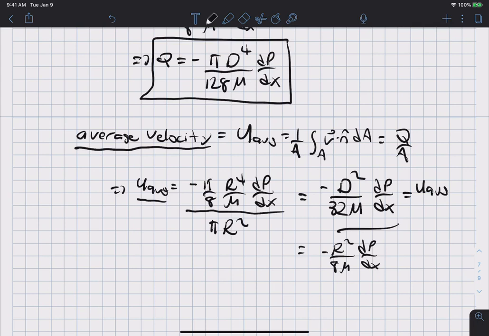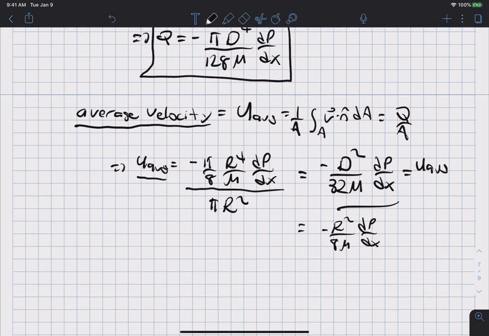And so that means that if you want to compute Q, and you want to assume a uniform flow in the tube to compute the flow rate: if I integrate the velocity profile over this tube, I get Q. Or if I assume that the velocity profile is perfectly uniform at U average, and I multiply it by the cross-sectional area of the tube, I will get the same volumetric flow rate.